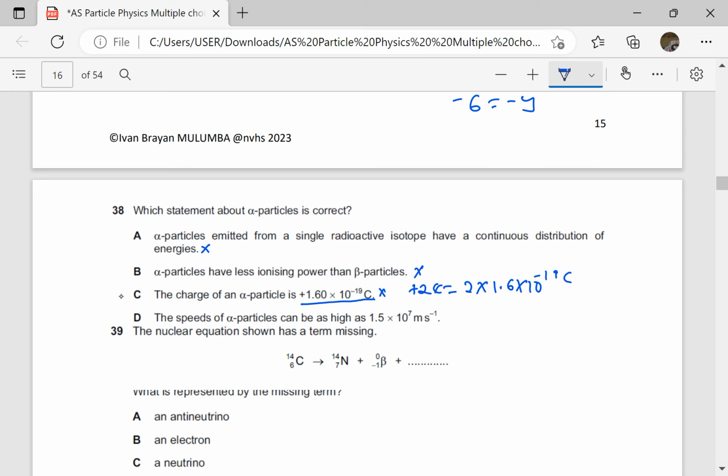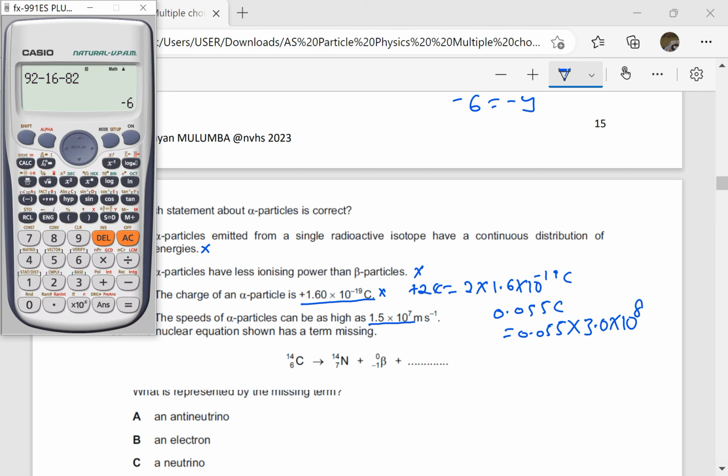The speeds of alpha particles can be as high as 1.5 times 10 power 7 meters per second. The speed of alpha particles can be as high as 0.055 c, which is 0.055 times c, which is 3.0 times 10 power 8.